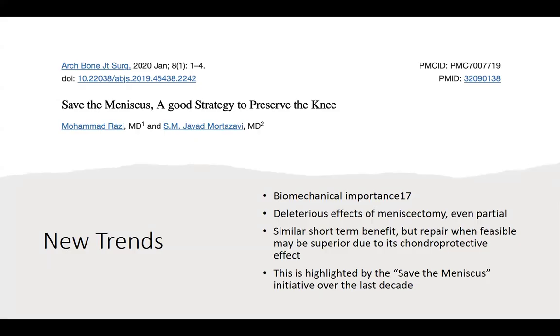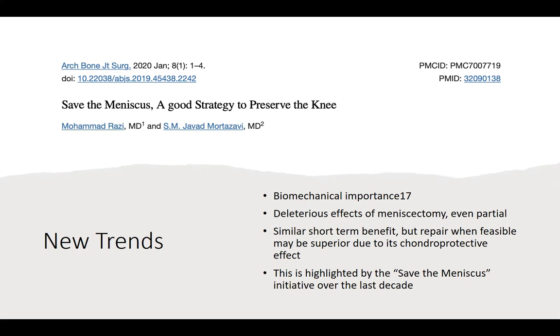So given our improved biomechanical understanding in modern day now, we seem to understand the importance of the meniscus and have shifted our treatments and our plans toward repair, essentially. As previously alluded to, even arthroscopic partial meniscectomy can have negative long-term effects on function and development of arthritis.